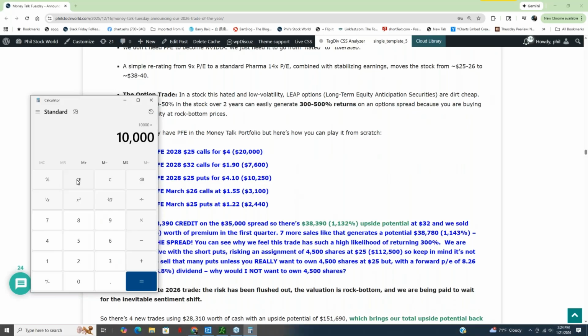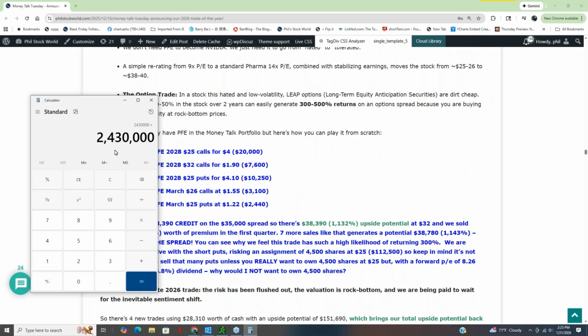So times 3, 2028, 2030, 2032, 2034, 2036. So 10 years from now, starting with $10,000, if you make 300% every 2 years, one trade, you will have $2.4 million.